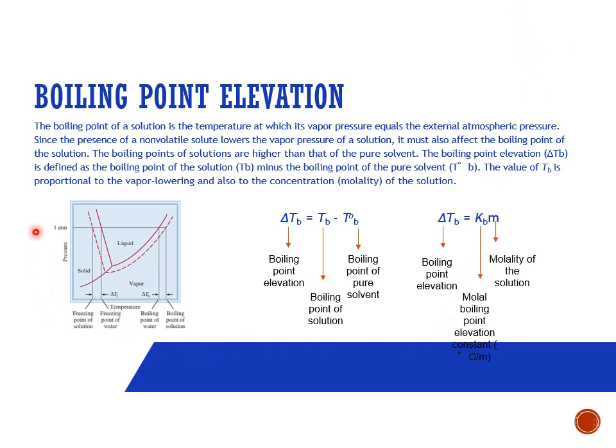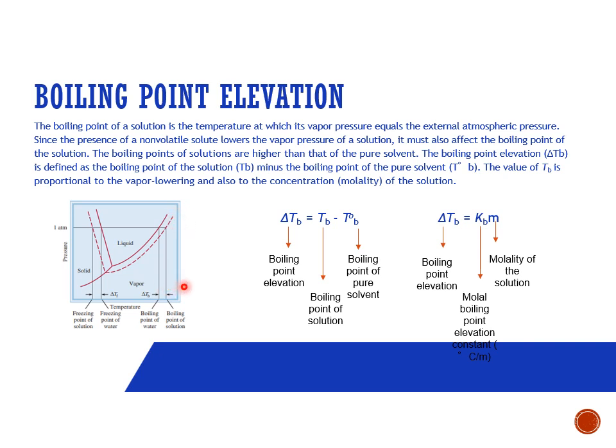So, katulad dito, nakikita nyo dito sa chart sa gilid, itong solid line is yung boiling point ng pure water. Pero kapag may dinagdag ka na component, may shift to the right.